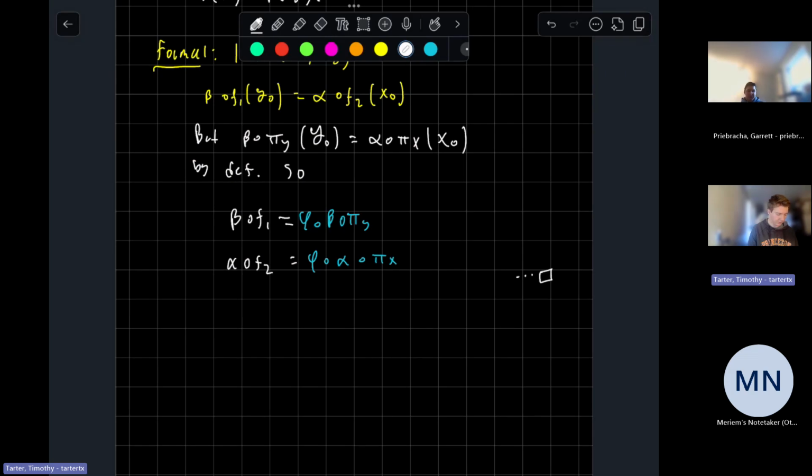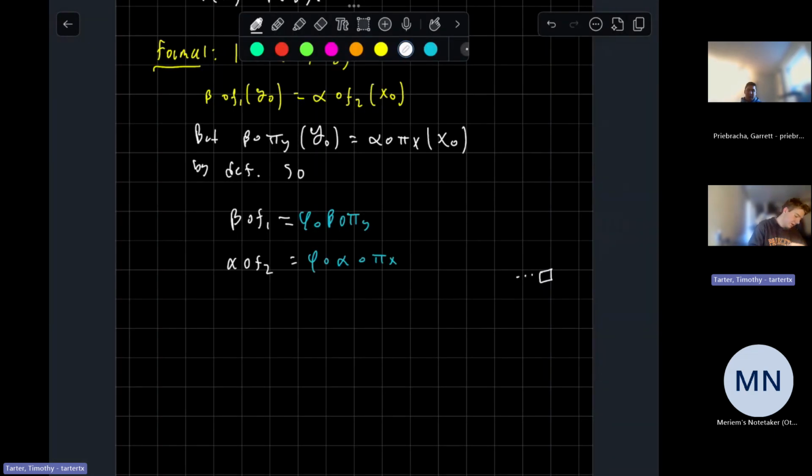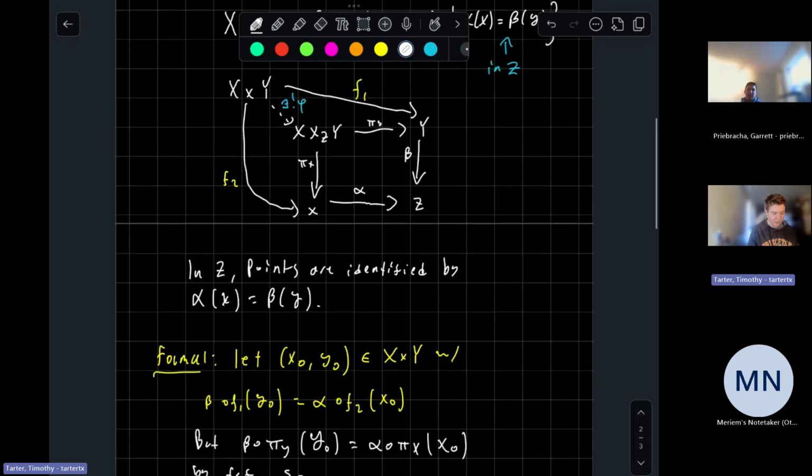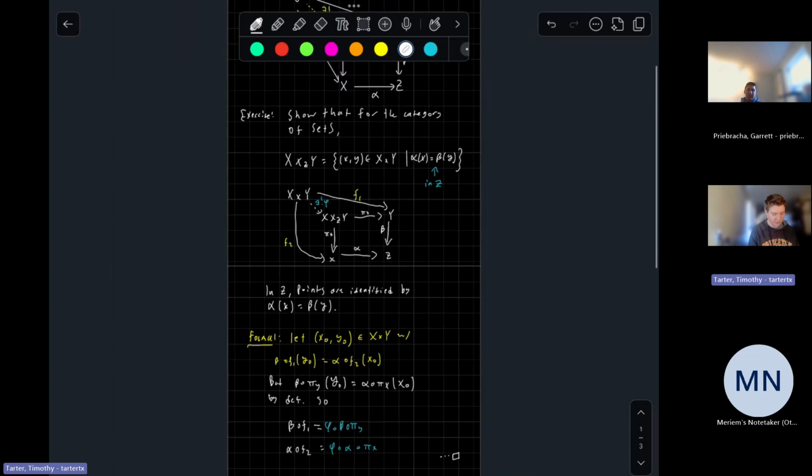And I think with a few extra steps that tie that together, it should work. So does this make sense about how this is explaining what the fibered product does? So the fibered product is all of the things which have maps that agree in Z. Yeah, that makes perfect sense, actually.